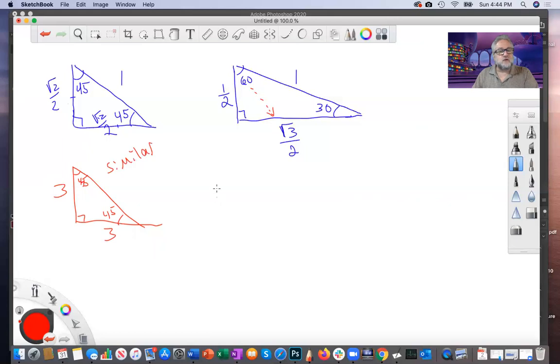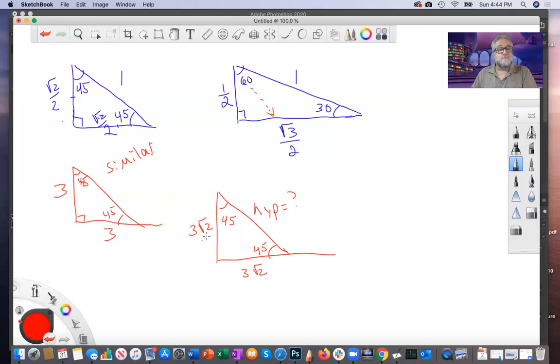So if they're similar, and I have something like, oops, I'm making pretty ugly 45, 45s, okay. So let me go back to my example. If I say this is 3 radical 2, and we know this one's 3 radical 2, what's the hypotenuse? Well, how much bigger is this than that?